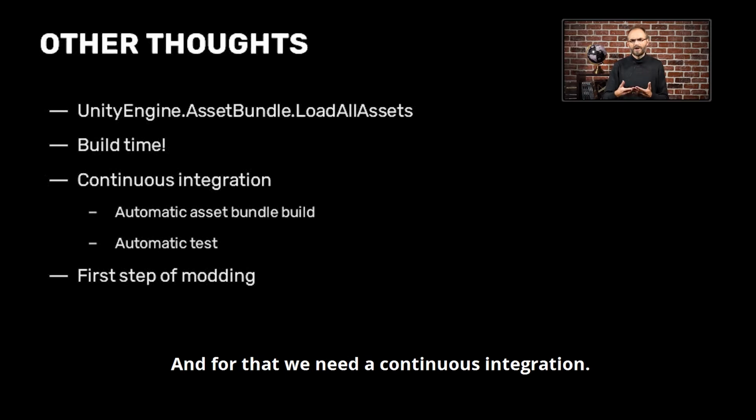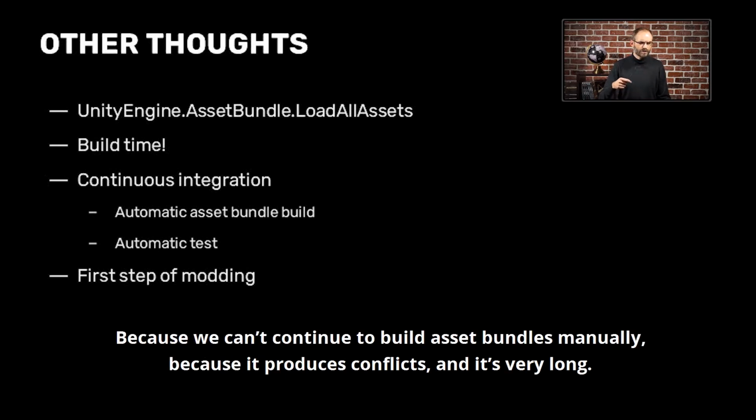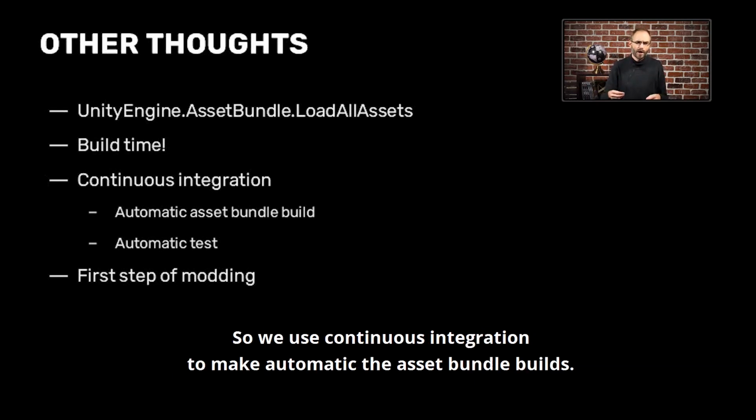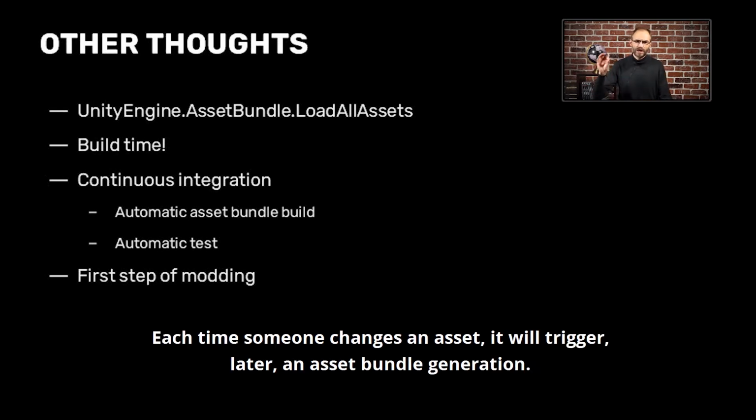But for that we need continuous integration, because we can't continue to build asset bundles manually because they produce conflicts, and it's very long. So we use continuous integration to make automatic asset bundle builds. Each time someone changes an asset, it will trigger an asset bundle generation later.